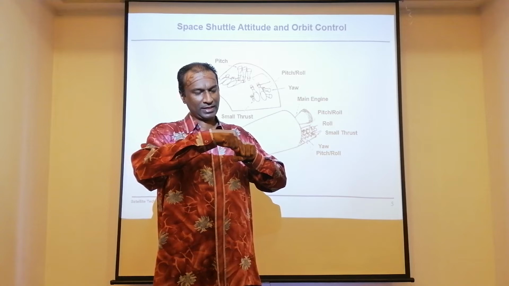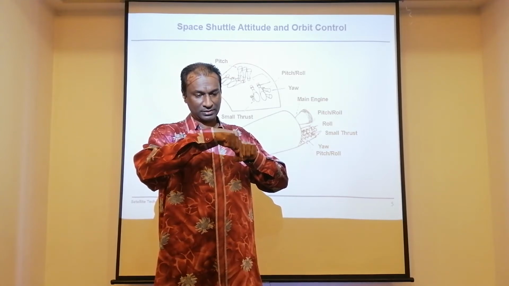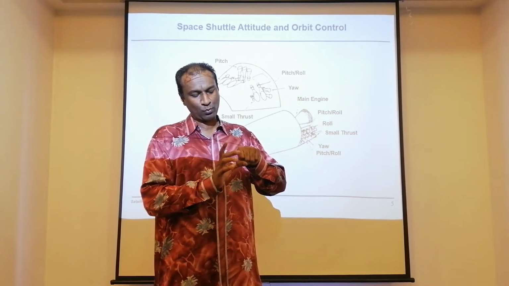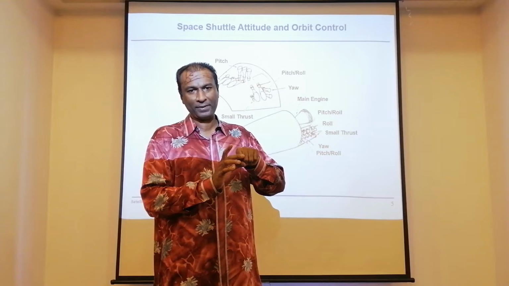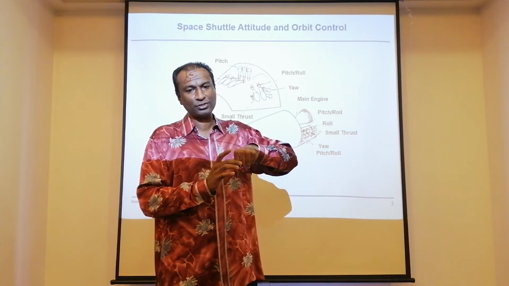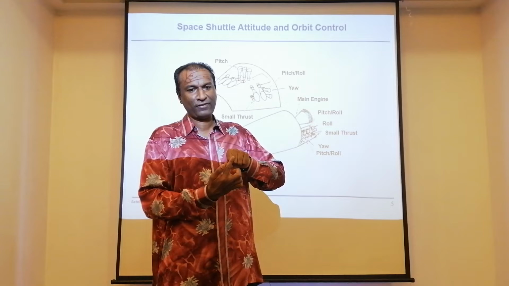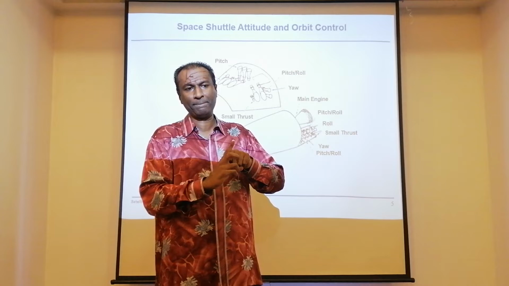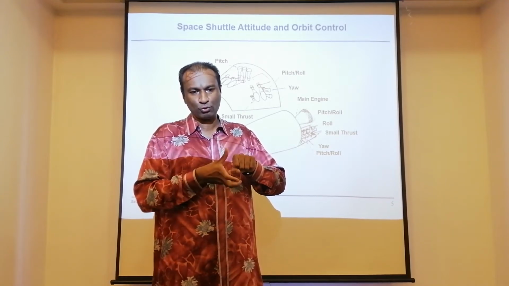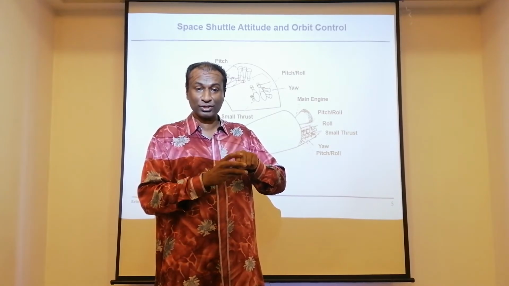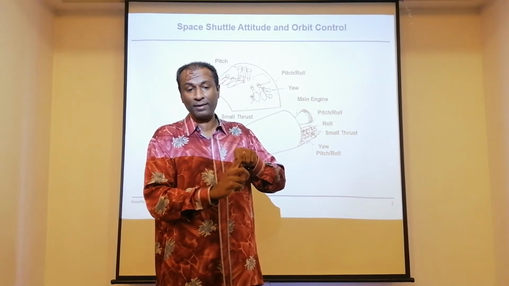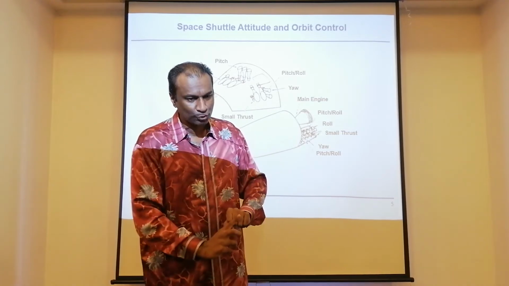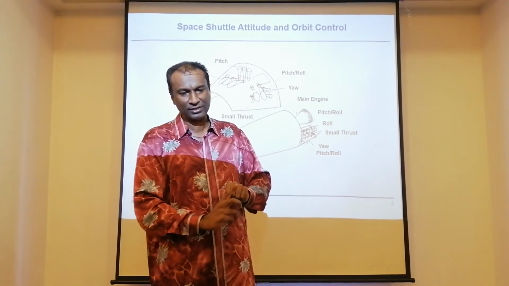Let's say I have a thruster facing downwards, and I have another thruster facing upwards. If I turn on both, what exactly will happen? You will have a rotational motion. Can you imagine? Fire the same amount down, fire the same amount up, and you will have a rotational motion. But if you fire only one, you are not going to have a rotational motion. Instead, you will have a translation motion.